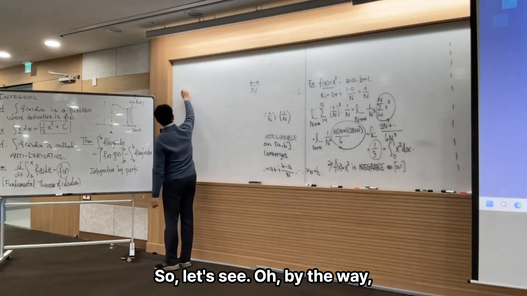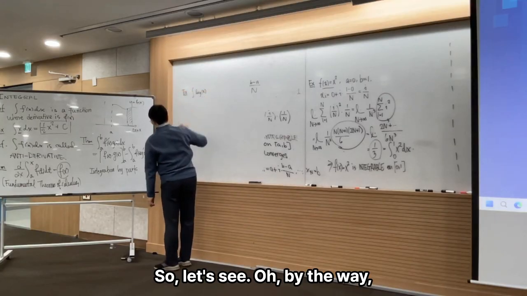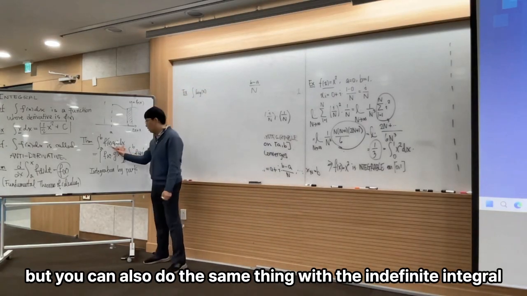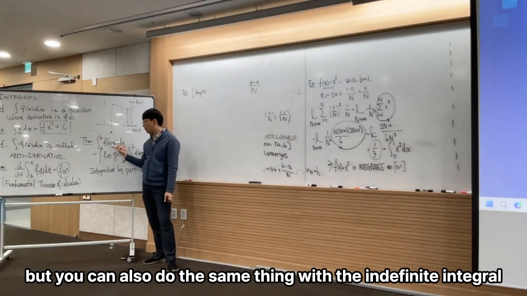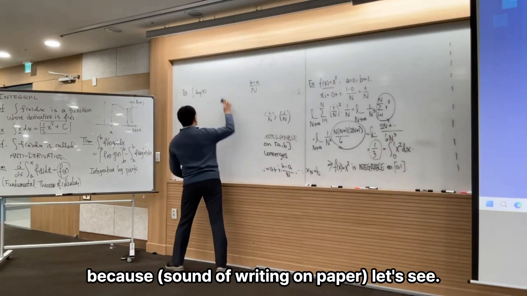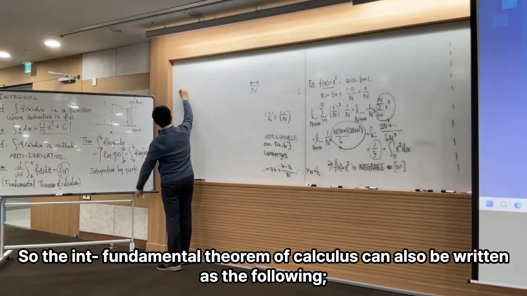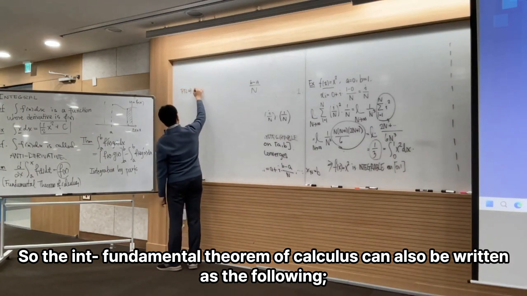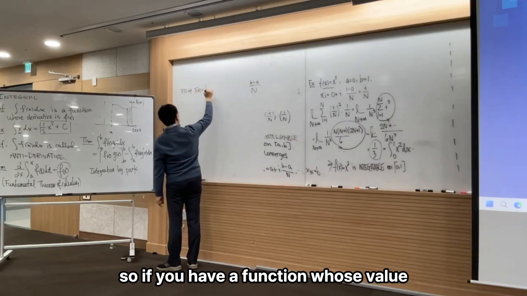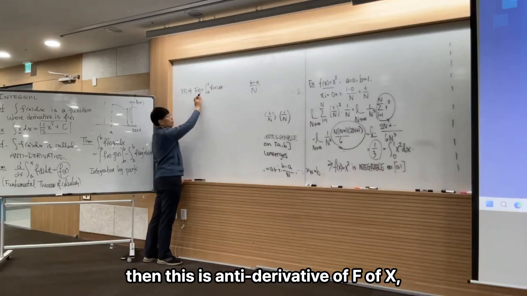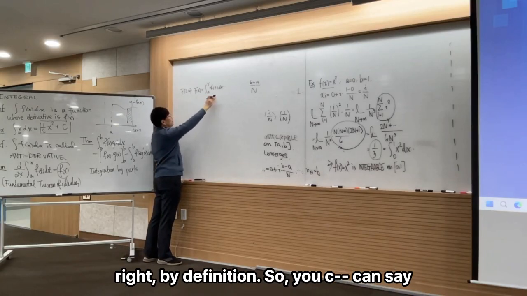By the way, this is about the definite integral, but you can also do the same thing with the indefinite integral. The fundamental theorem of calculus can also be written as the following. If you have a function whose value is given by a definite integral, then it is the antiderivative of f of x, by definition.